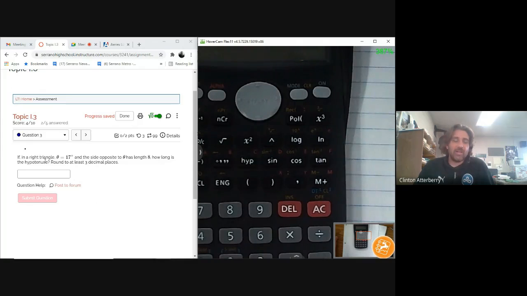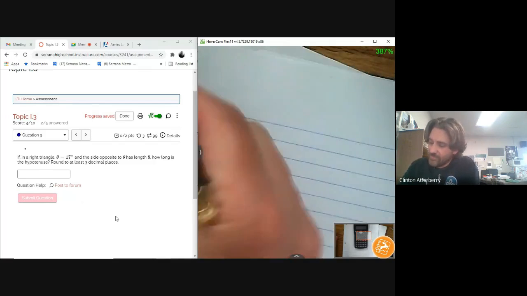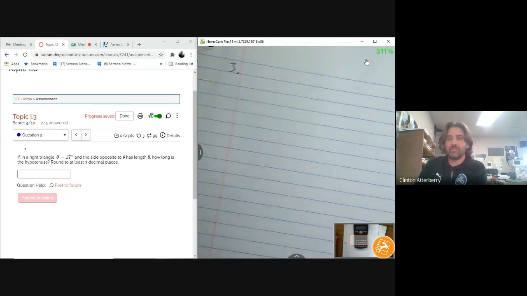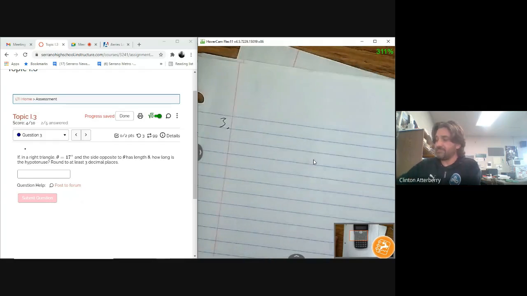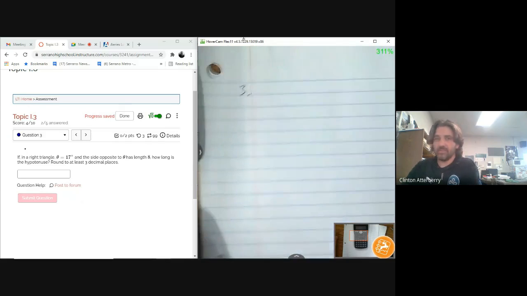So if in a right triangle, theta is 17 degrees and the side opposite to theta has length 8, how long is the hypotenuse? Round to at least 3 decimal places. This is what they want you to do. This is question 3 from your problems, and it is going to look like this.